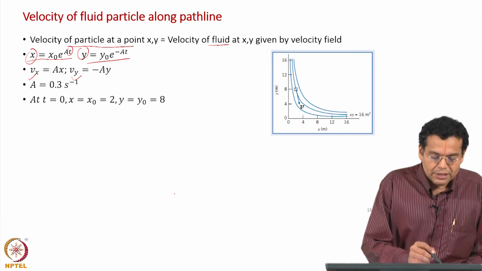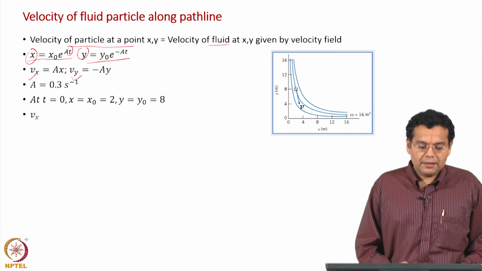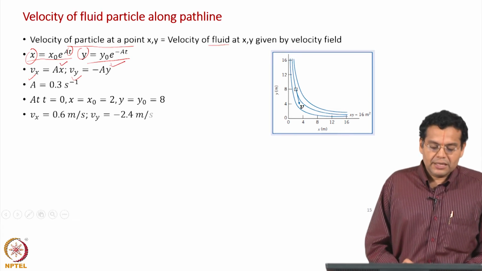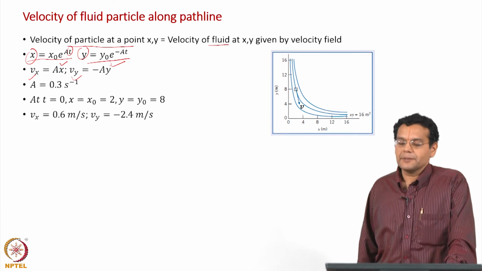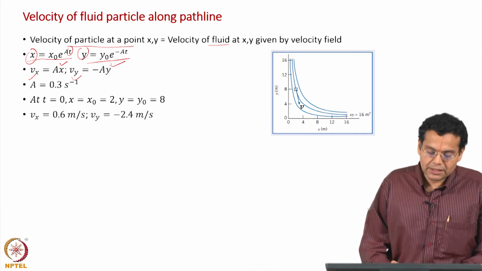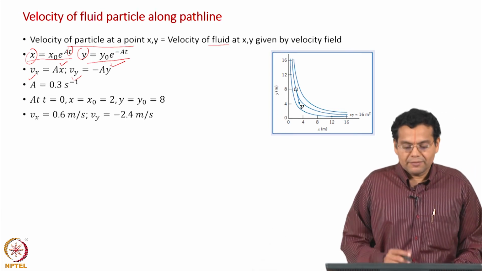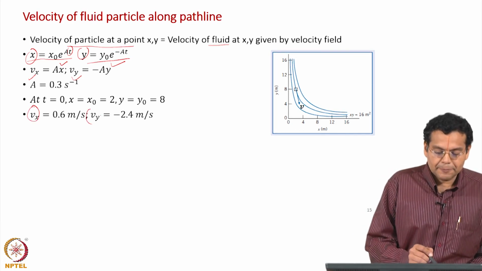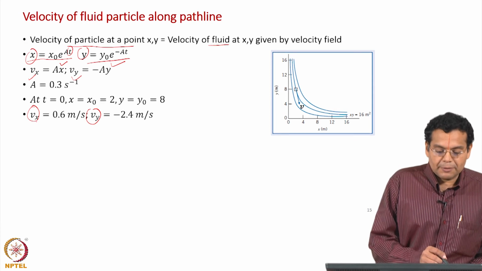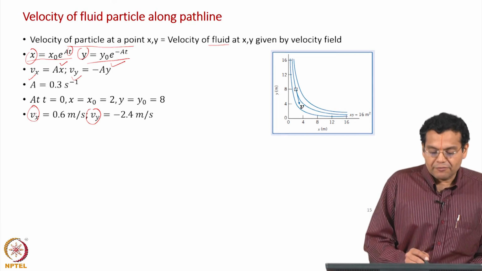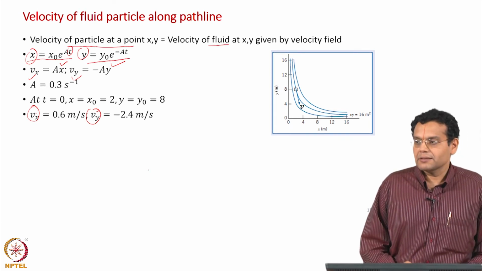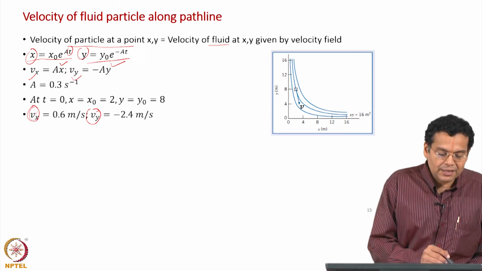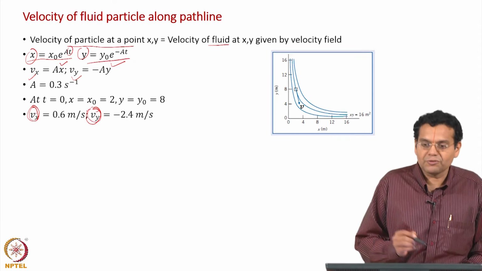So, if you substitute the x value here, you will get the velocity in the x direction and the velocity in the y direction. When I say velocity, there are two ways of interpreting this: velocity of the particle in the x direction and in the y direction, which is also the same as the velocity of the flow field in the x direction and in the y direction.